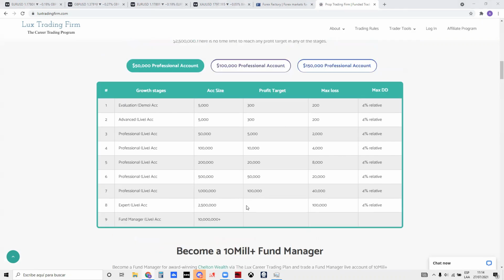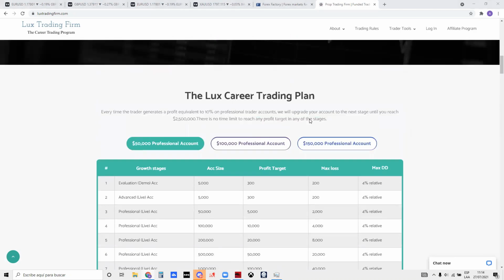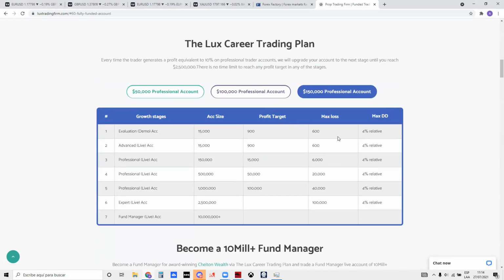But the good thing about this is that you don't need to make a lot of money, because if you do this account, which is the one I'm going to give away, the 100K, 150K, you can trade up to 10 million and even more. So even by having a 4% relative drawdown, you can manage up to 10 mil, which is really great, in my opinion.